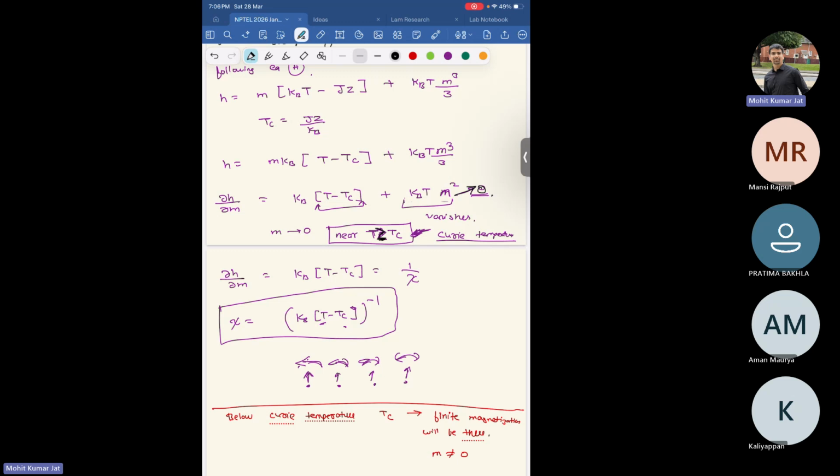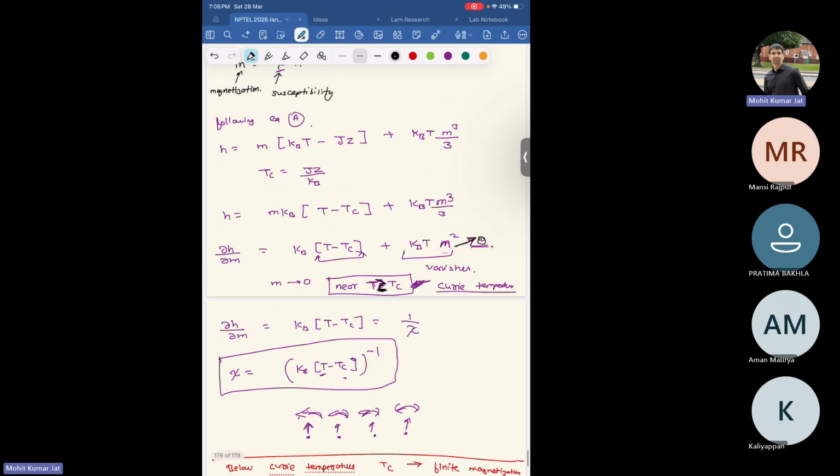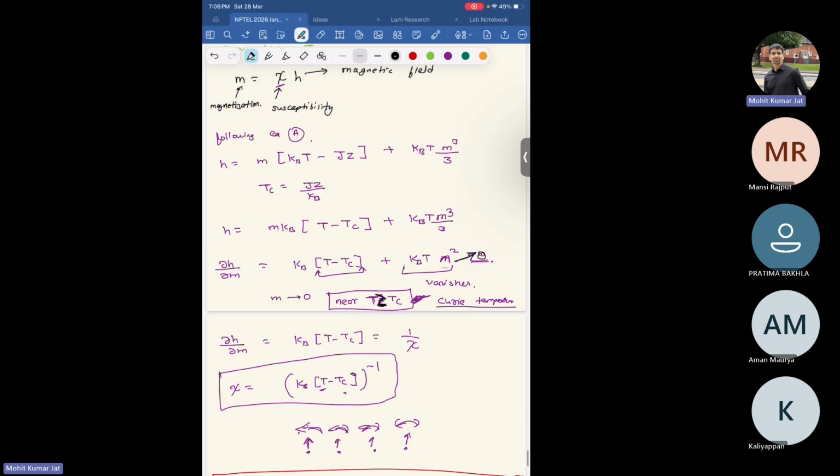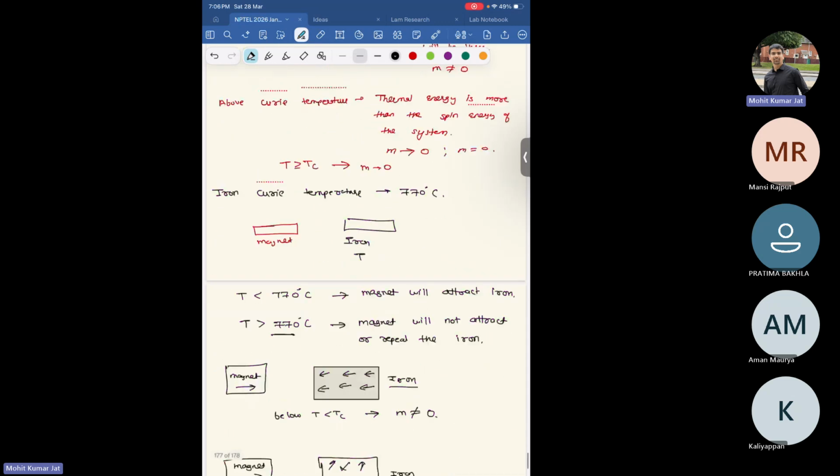Is this clear? Okay, if this is clear, why the second term is zero, then we can move on to the next problem.